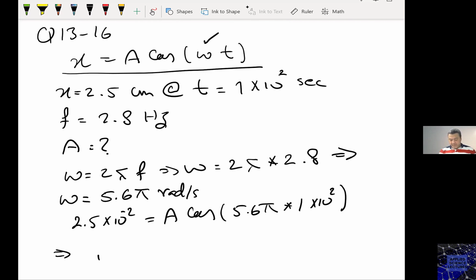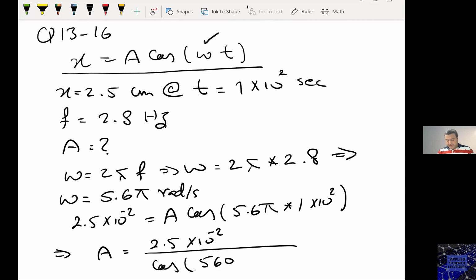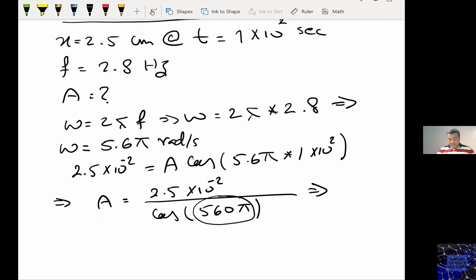Then the amplitude A equals 2.5 × 10⁻² divided by cosine 560 pi. Now be careful that this one is in radians. The amplitude is 2.5 × 10⁻² meter.